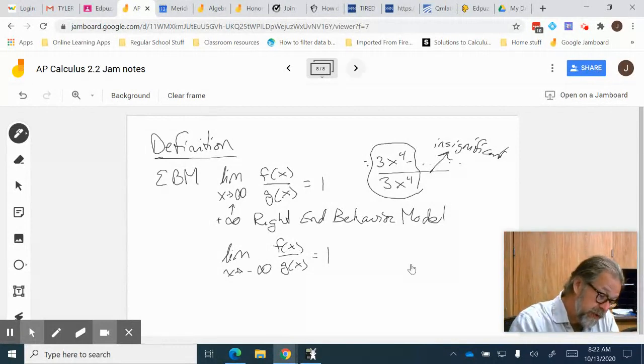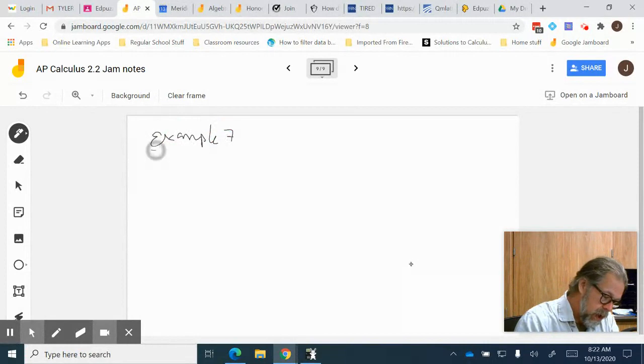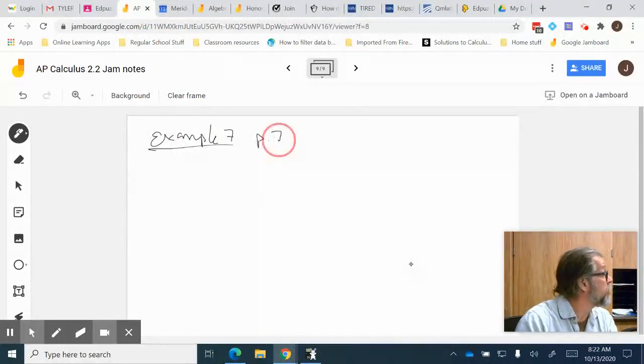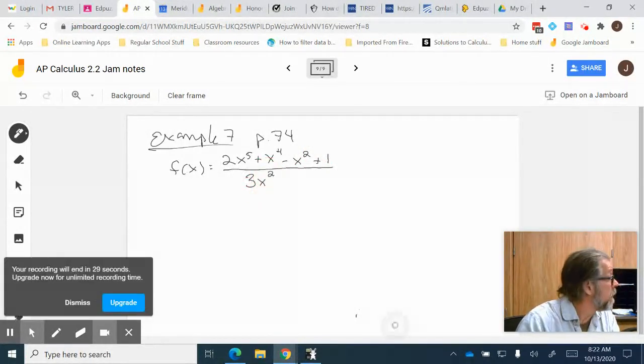Okay, let's do another quick example here. This is example 7. And we're on page 74, and f of x equals complicated long function, 2x to the fifth plus x to the fourth minus x squared plus 1, divided by 3x squared minus 5x plus 7.